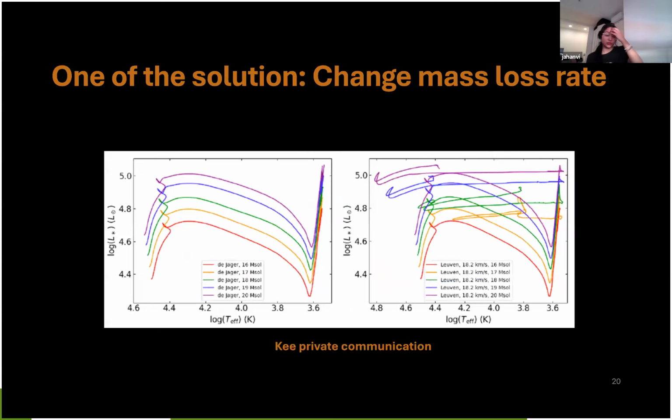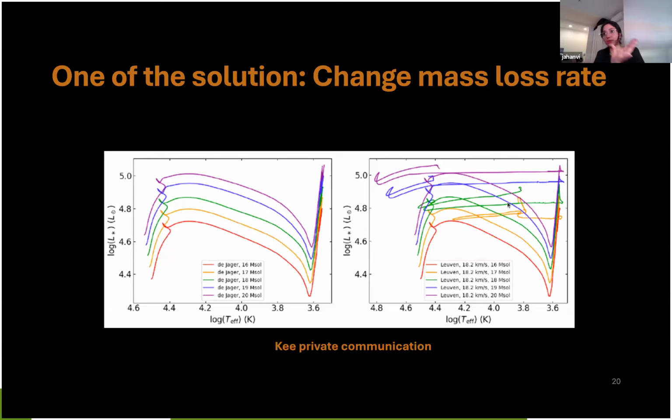So what could be the solution? One solution, and thanks to Key again for sharing this beautiful plot with me, is to change the mass loss rate. Here what we have is the mass loss rate with de Jager, and here Key actually changed the mass loss rate, and you can see that the evolutionary track changed.